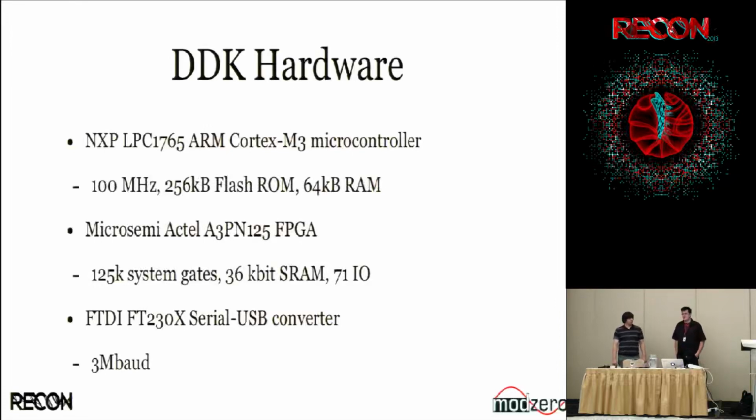It has 256 kilobytes of flash ROM and 64 kilobytes of RAM. So it is definitely enough to implement some analyzers in software. You can easily take whatever data is passed by the FPGA and do the analysis right within the ARM core before passing it to the user by USB.